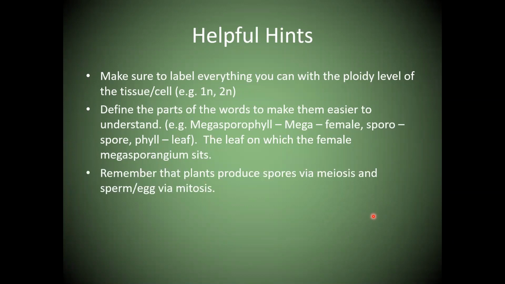Remember that plants produce spores via meiosis and sperm and eggs via mitosis. Last time most of you mentioned that you are familiar with meiosis and mitosis. I'm glad, because most students confuse that, and looking at your homework, only one or two students got that wrong.